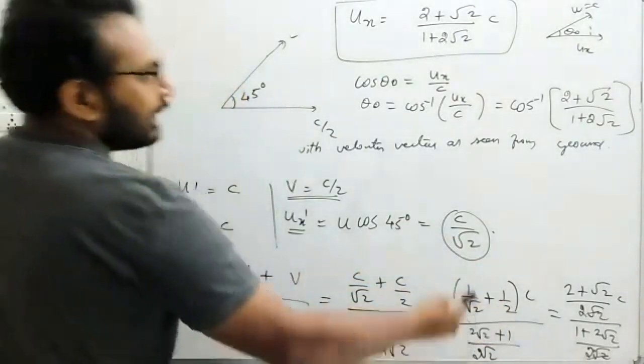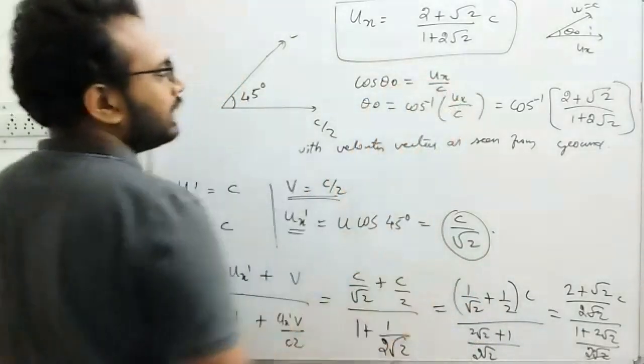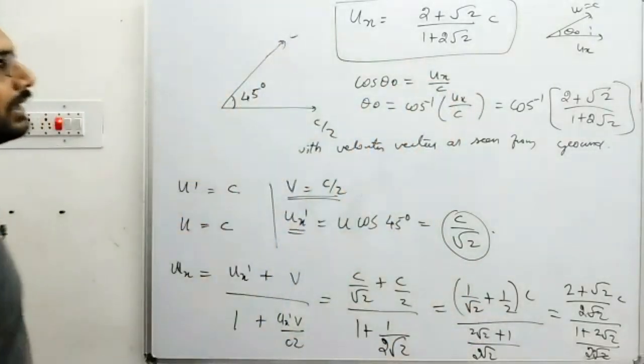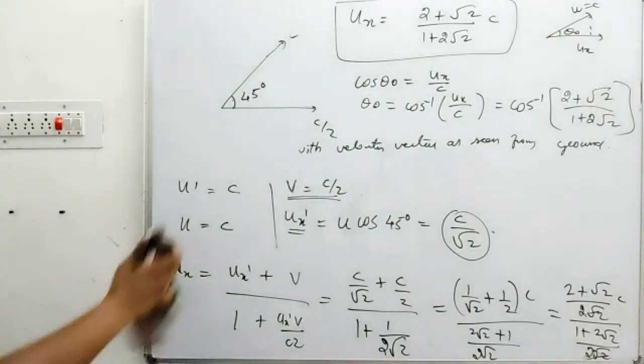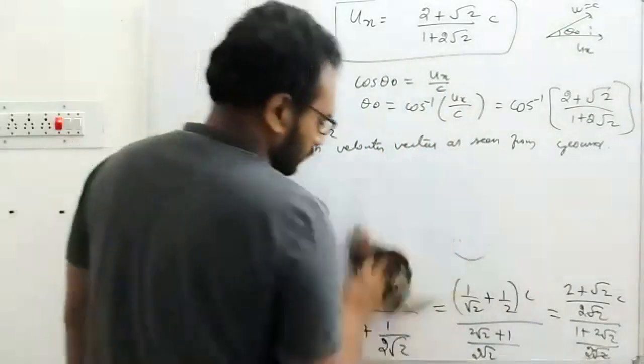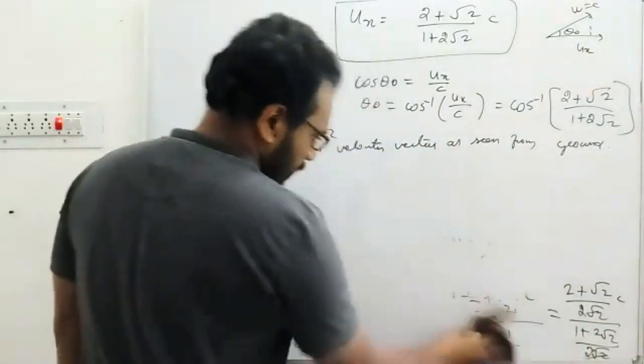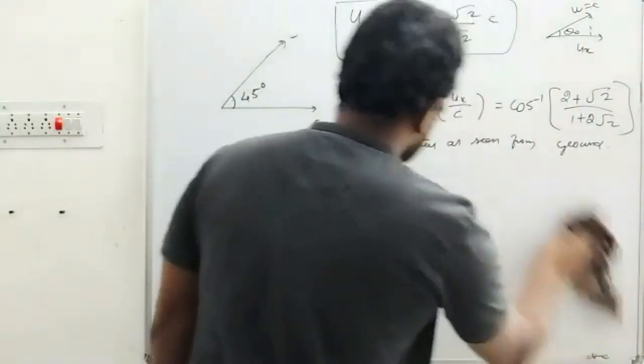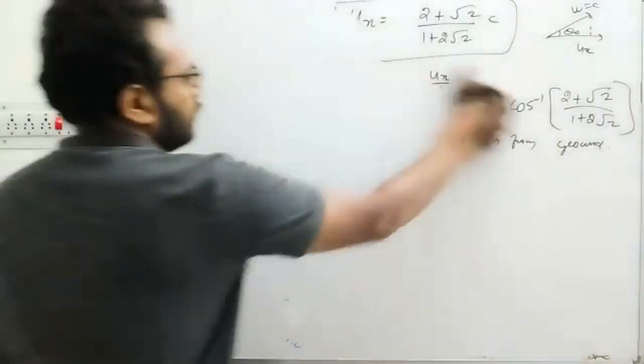You find ux, and then cos theta is equal to ux by this velocity, right? So that's rather simple. Let's do another one.